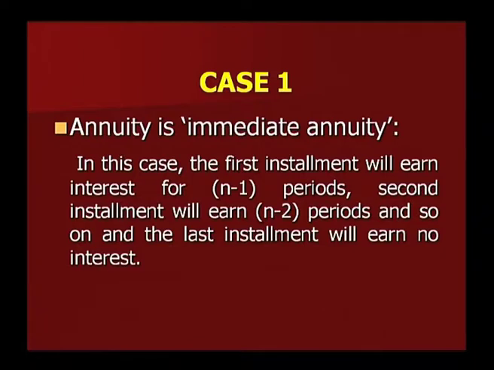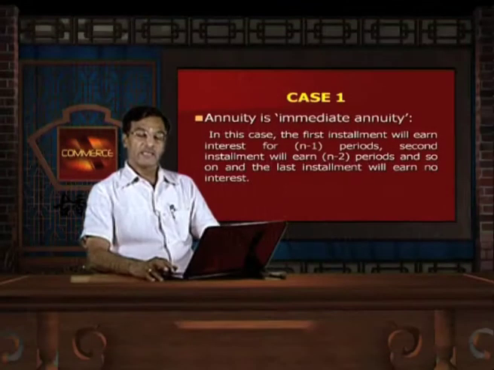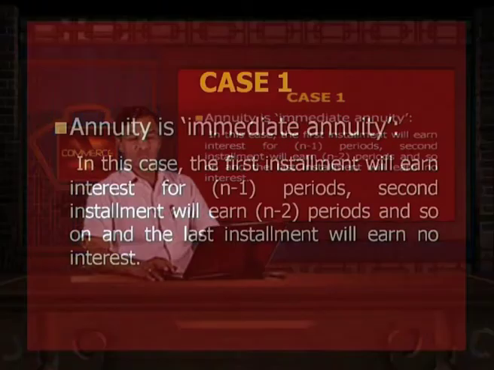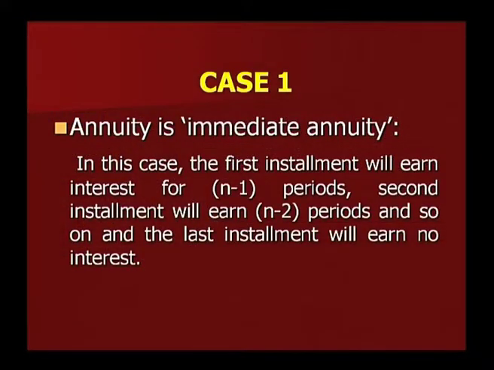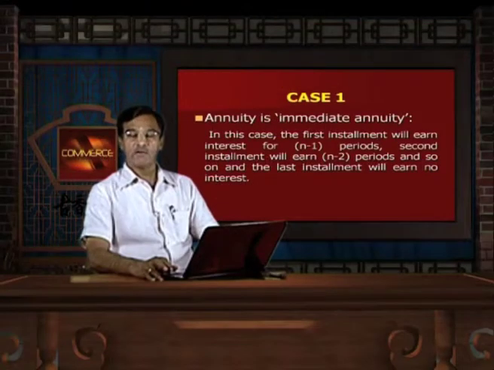Here in the annuity immediate, the interest is calculated at the end of the year. Therefore, the first installment is for n-1 periods, the second installment is for n-2 periods, and the last installment is for 0 period. We will calculate the interest on these periods and find the value of the annuity.